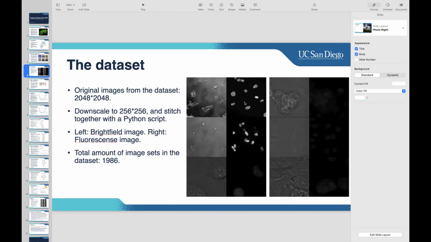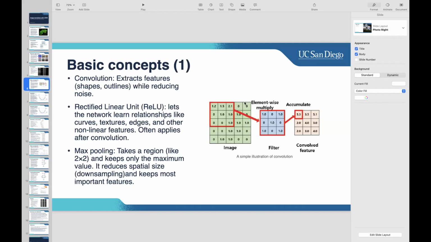Okay. So let's go over some basic concepts. The first is convolution. Basically, it extracts features like shapes and outlines while reducing the noise. This is a basic illustration of how convolution works. For this pixel, we use a filter, for example 1 times 1.2, and add all of this together, and we get a number.